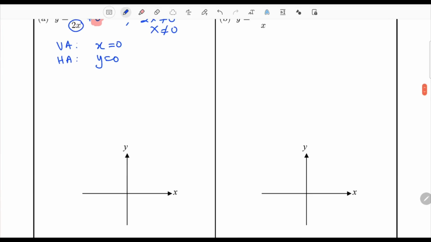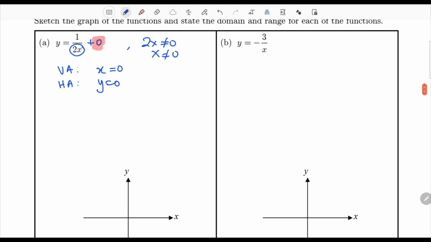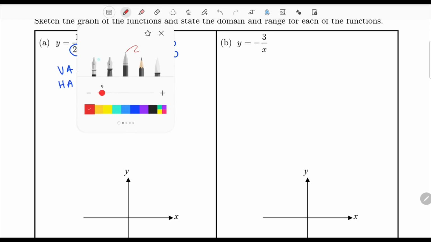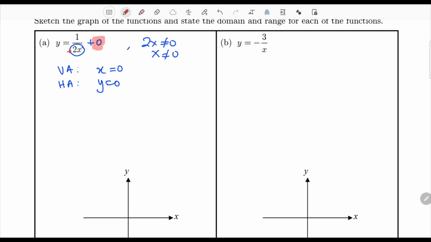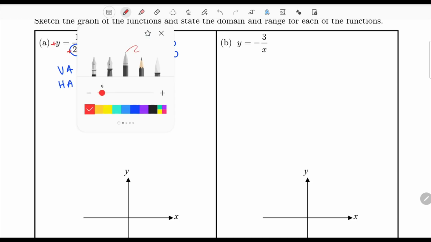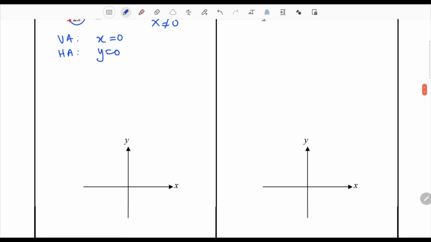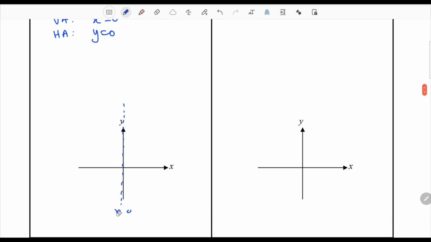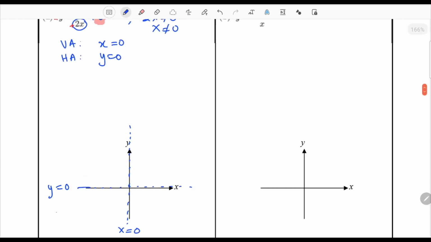So let's sketch. Okay, so before we sketch, we look at the sign of the x. So x positive, this is also positive. So let's use it. Okay, x equals 0, y equals 0. So x equals 0 is your vertical asymptote. Okay, so let's write it nicely. So this is your horizontal asymptote, which is y equals 0, right?